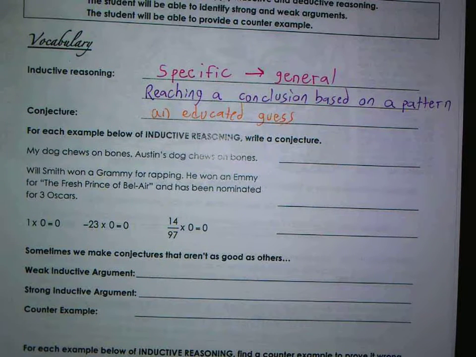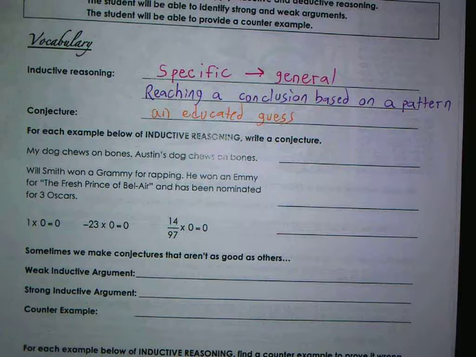Let's make our own conjectures. My dog chews on bones. Right? That's something very specific. That's about my dog. Another person named Austin, his dog chews on bones. Another specific case. So we have two dogs that like to chew on bones. And by the way, there aren't really any fully correct answers. So based off those two very specific examples, let's go to something more general.